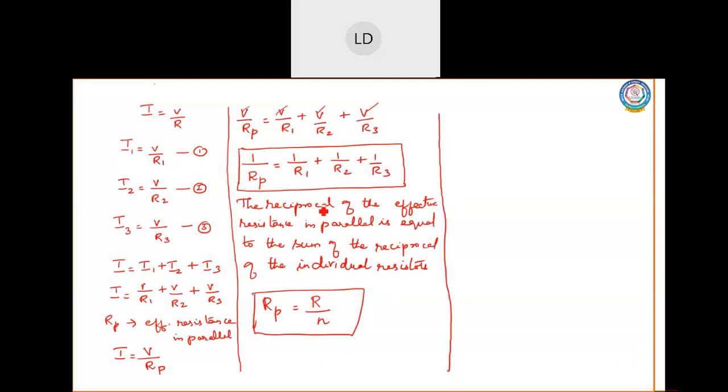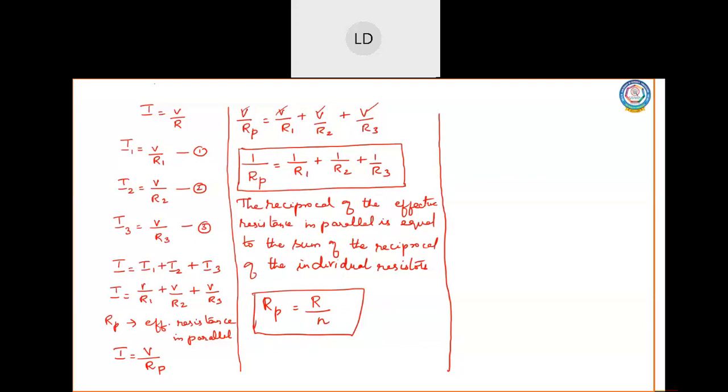So please be very, very clear on these formulas. When resistors are connected in series, what is the formula? When resistors are connected in parallel, what is the formula? If there are n number of resistors in series, then you should remember the formula for that. And if n number of resistors are connected in parallel, this is the formula, right?